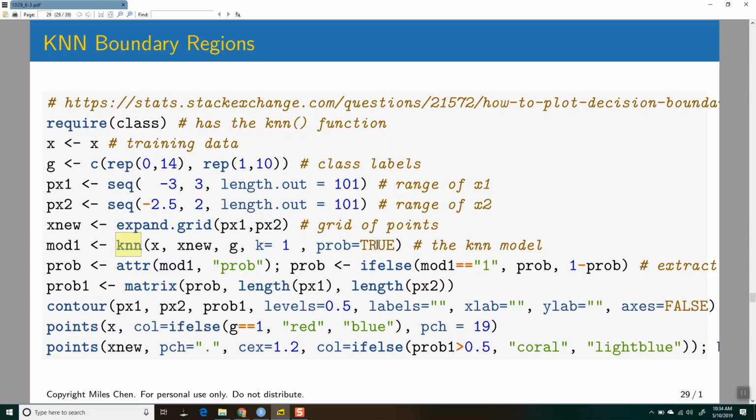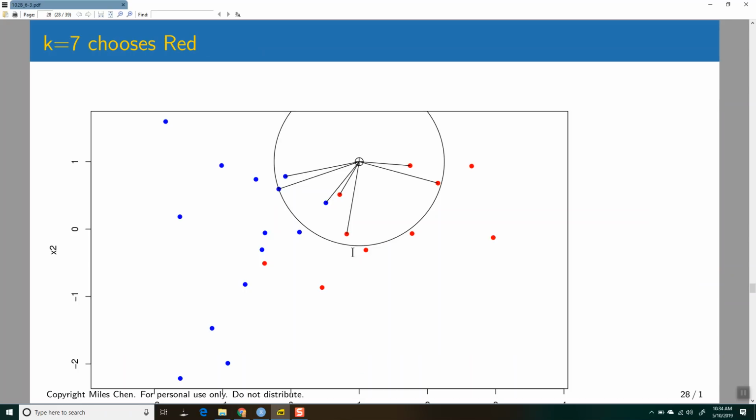Generally, KNN is not a probabilistic classifier, but KNN has the option to return probabilities of classes rather than just a hard assignment. So the probabilities would be something like, here's your 7 closest, then the probability that this point is red is 4 divided by 7 and 3 divided by 7 for blue, and things like that, okay? But generally in KNN, you go with a straight assignment, okay?